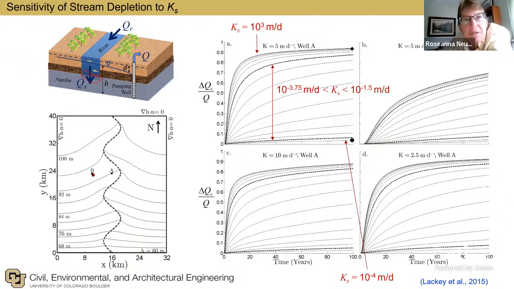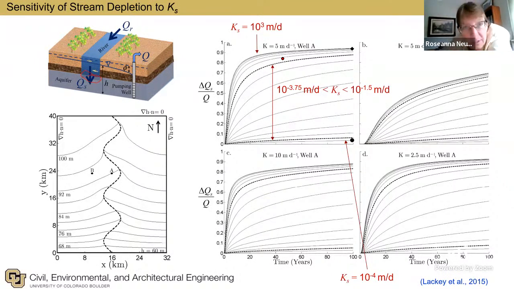Well A is closer to the river. The top left plot is showing stream depletion due to pumping at well A for an aquifer hydraulic conductivity of 5 meters per day, and for a stream bed hydraulic conductivity that ranges from 10 to the minus 3.75 meters per day up to 10 to the minus 1.5 meters per day.